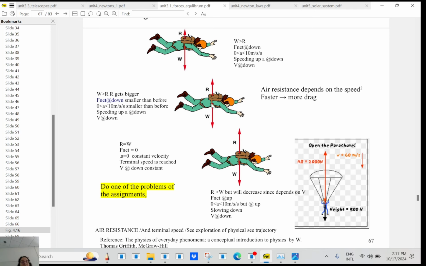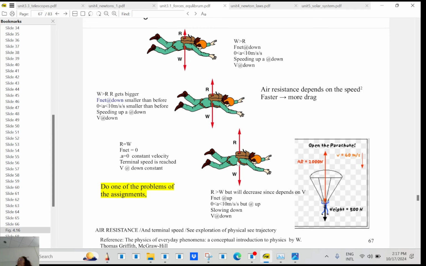So the rate at which it's increasing is going to be less, but it's still increasing. So she's still speeding up. Agree? The acceleration will not be constant. It's compounding. So she's still accelerating, still going faster, but at a lower rate.